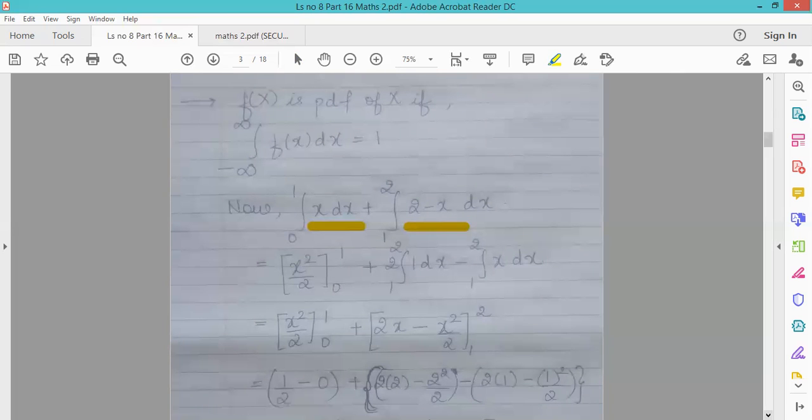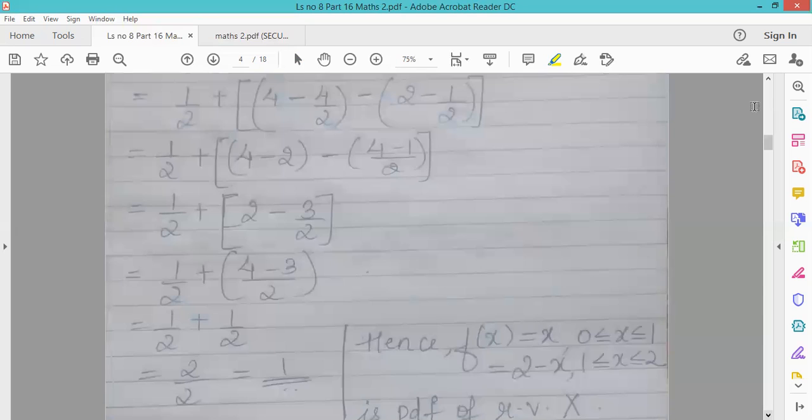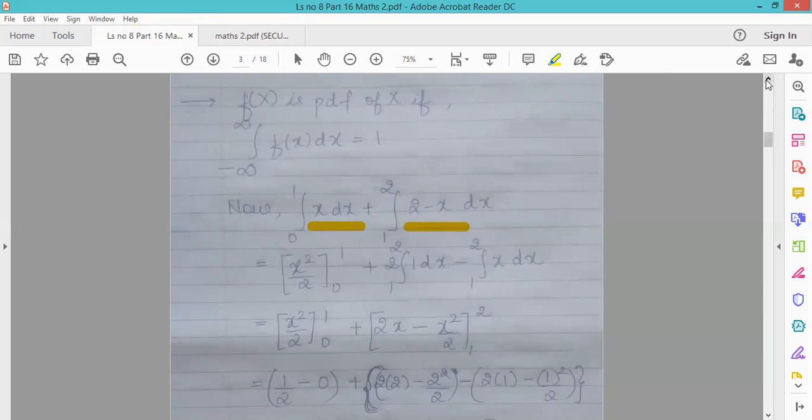Now, as you know, when we put the limits, the formula states that from the upper limit you have to subtract the lower limit. So whatever the two limits are, you have to do upper limit minus lower limit, and you have to substitute the limits in x. So as you can see, x square I wrote 1 square upon 2 minus 0 square upon 2, which will give you half.